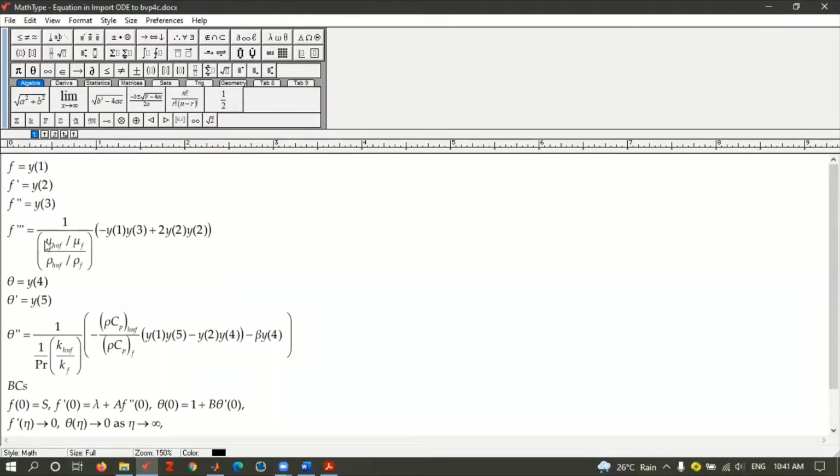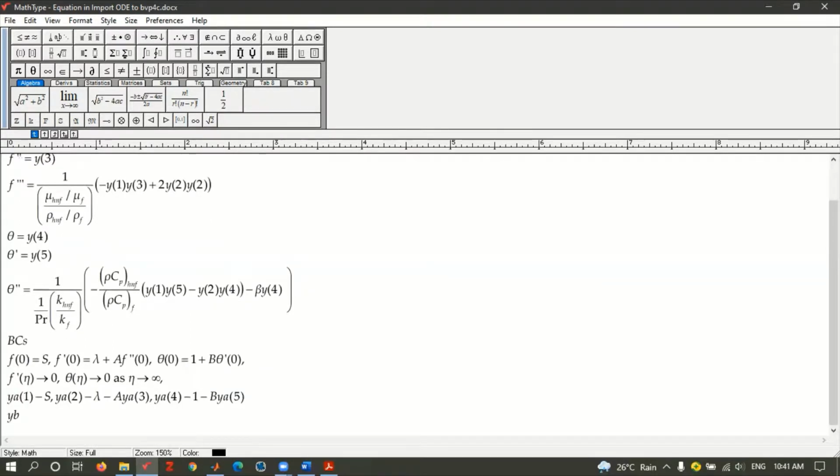So f prime is y2, so it should be yb2. It goes to 0, so we shouldn't put the equal sign to 0. So just yb2, and for theta, which is y4, so yb4. Okay, so this is for the boundary conditions.